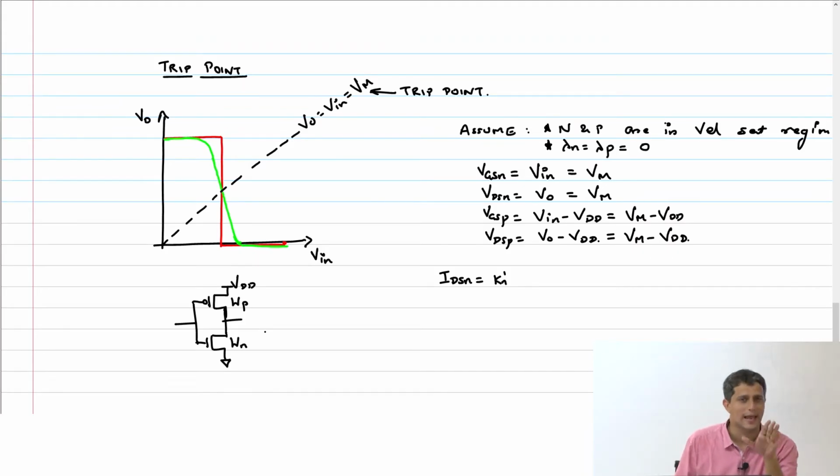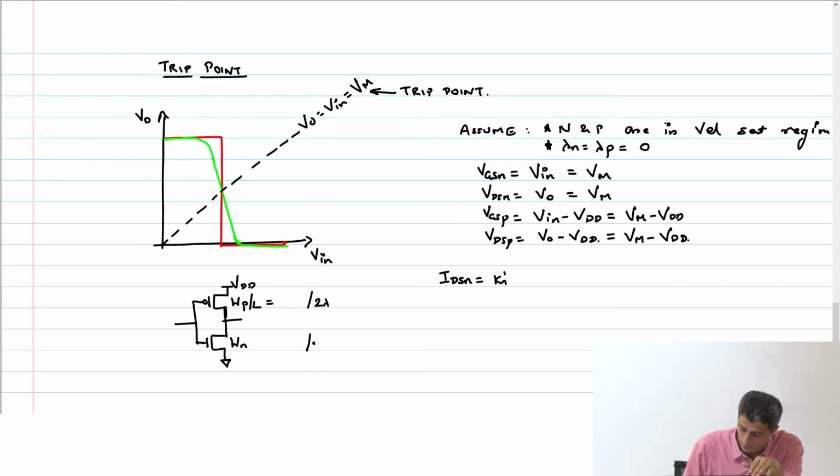I am not writing L because both of them are minimum channel length, and in the tutorial you would have seen that they use this technology parameter called lambda. Typically the dimensions of the transistors are written as a function of this lambda. So W by L will be, for example, L will be 2 lambda always.